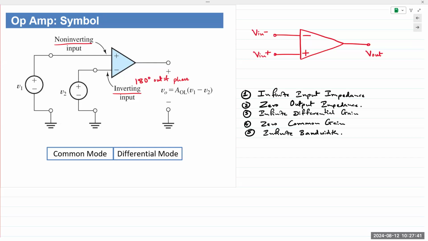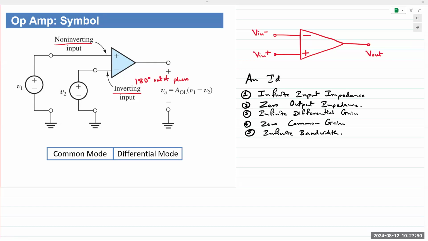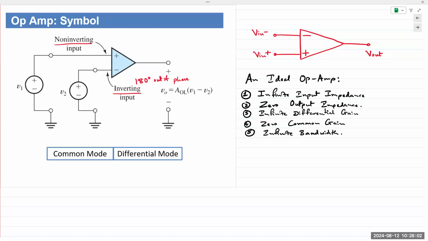Okay, so infinite input impedance, zero output impedance, infinite differential gain. And what it means is if you have two input signals going into the negative as well as the positive inputs, the difference between those two inputs will be amplified.